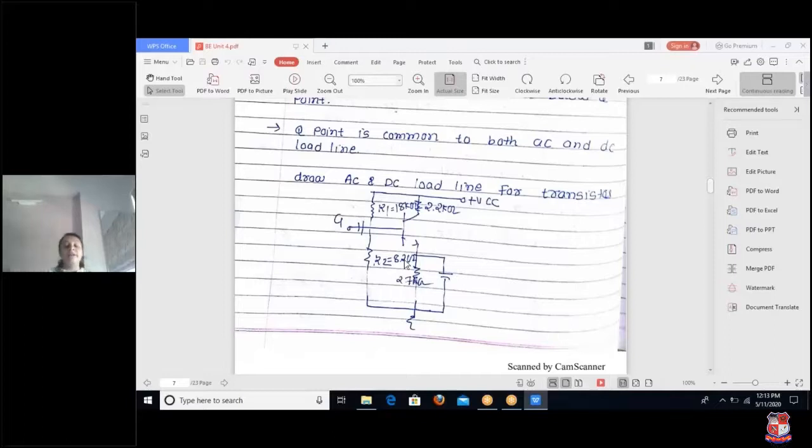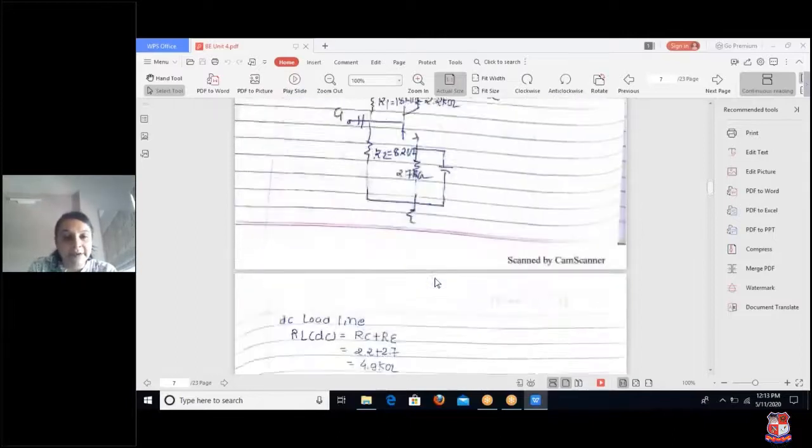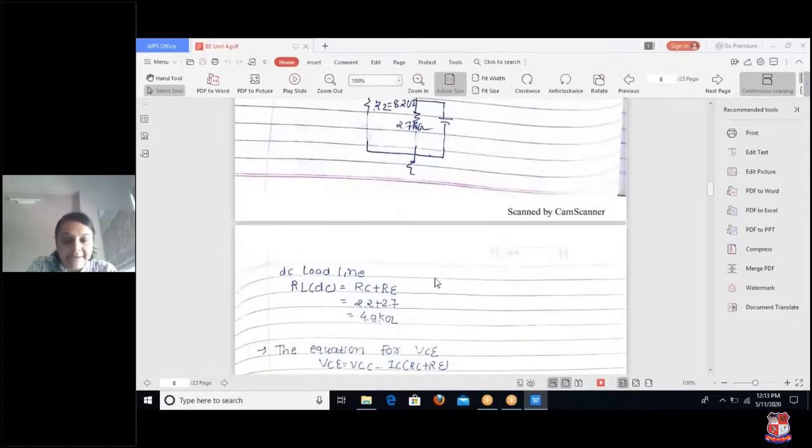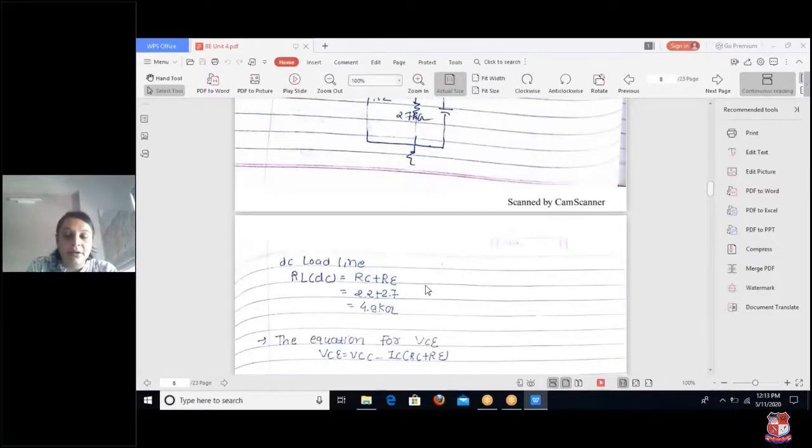So now we see one configuration. Here we show the CE configuration, with the coupling capacitor, R1 and R2, the values of RC and RE, and the output coupling capacitor. For the DC load line, first of all, we find the value of RL.